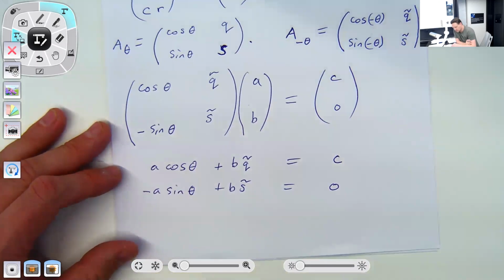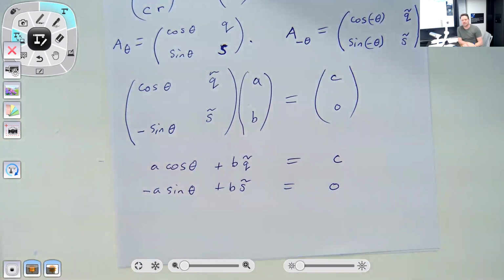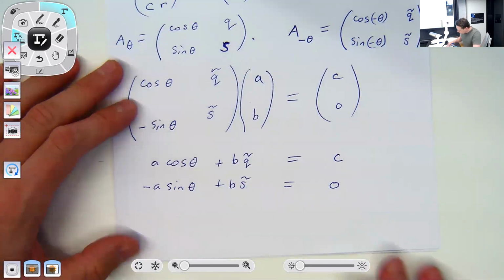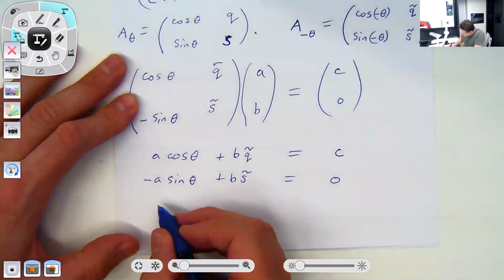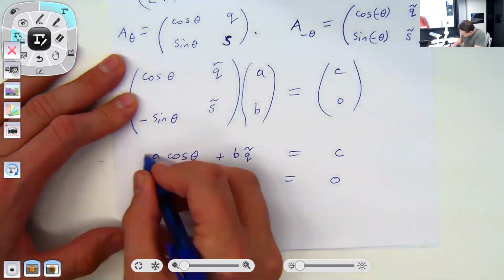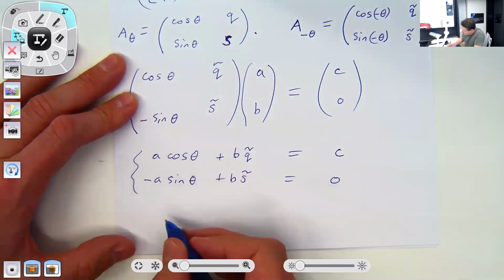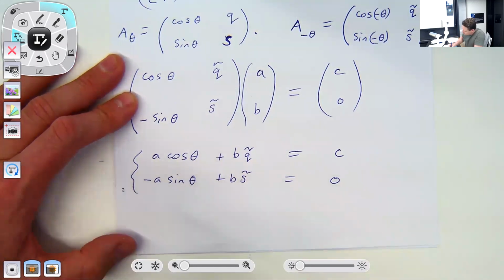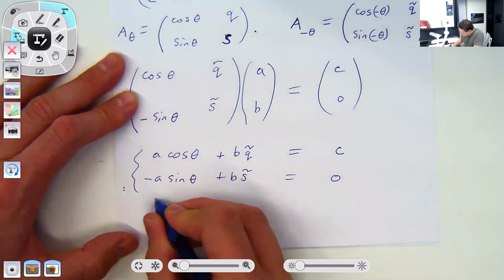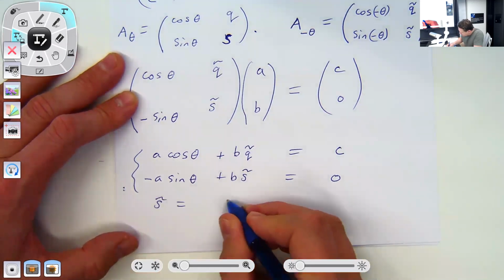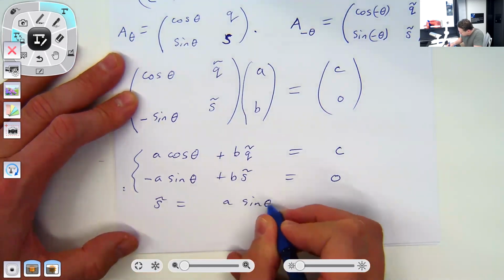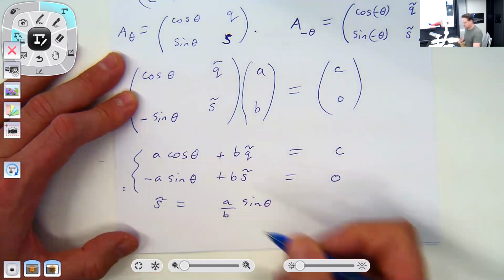Okay, so looks easy to solve for s tilde now. So let's go ahead and do that. So s tilde, so I'll keep this together, so I'm writing a new equation following from the second one. So s tilde then equals A sine theta over B.